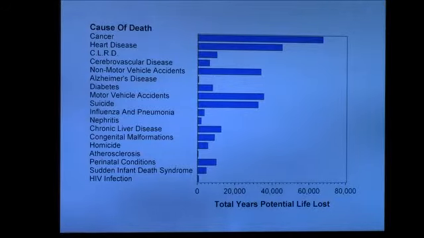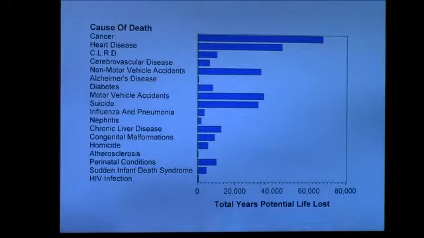You can see cancer and heart disease are still ranked first and second, and that's because a lot of people die of cancer and heart disease. And here we're counting only those that died younger than age 75 and the number of years each one gave up.